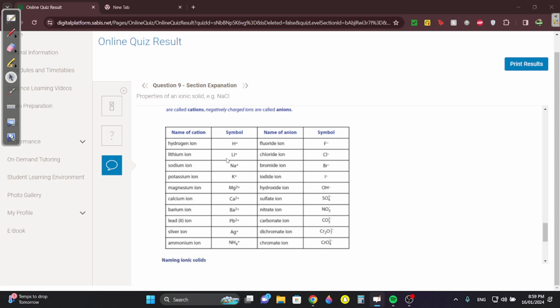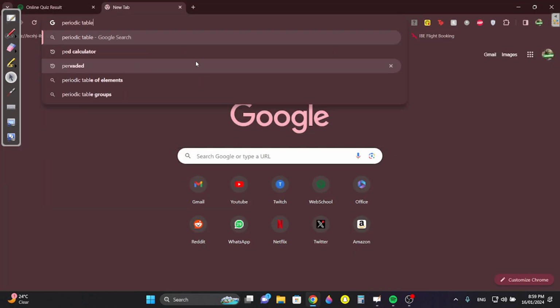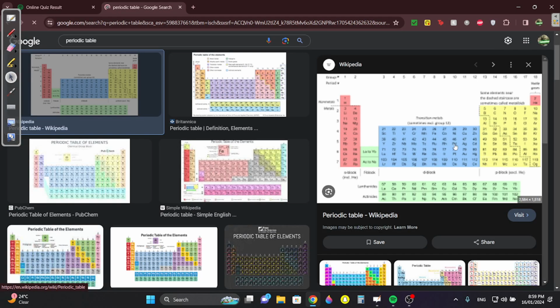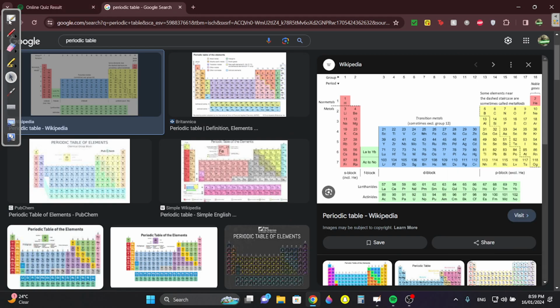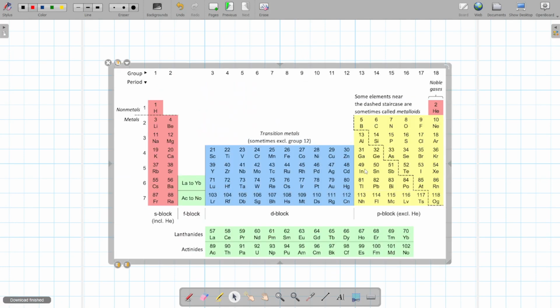I think about half of them. Let me show you which ones you can get from the periodic table. Let me pull up the periodic table. Let me copy and paste.